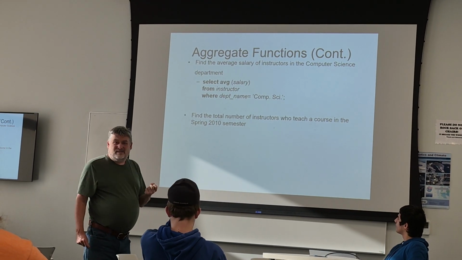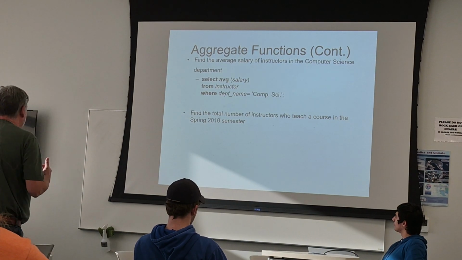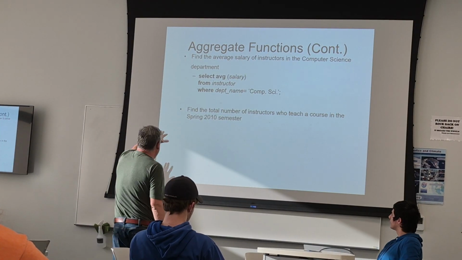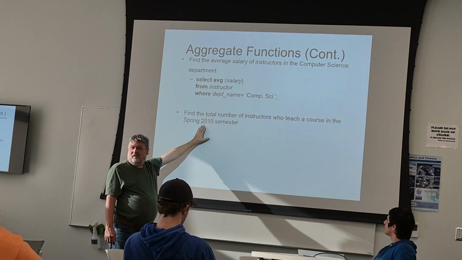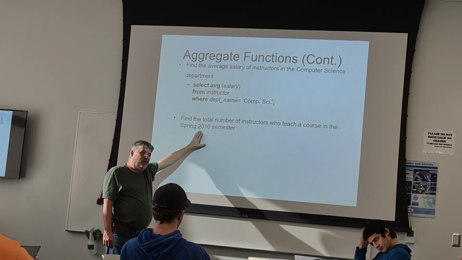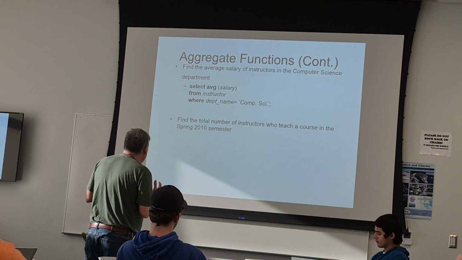And so basically, out of that teaches table, I want to grab all of the rows that occurred in spring 2010. Is there a semester field and a year field for that, Mr. Kapiski, in the teaches table? Yeah. Oh, perfect. So we just need to grab data out of one table.